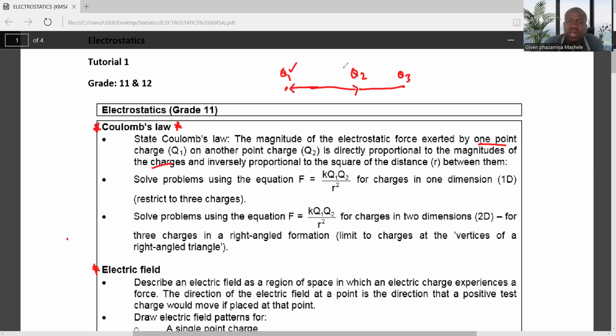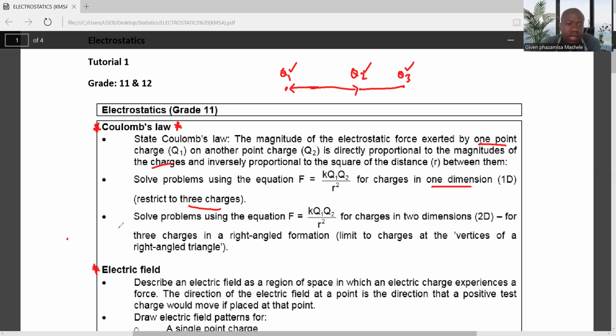So we have charge 1, charge 2, and charge 3, at certain distances between them. So we need to be able to solve problems using the equation for charges in one dimension, restricted to 3 charges according to your syllabus. Most of the questions will be restricted to only 3 charges, not more than 3.